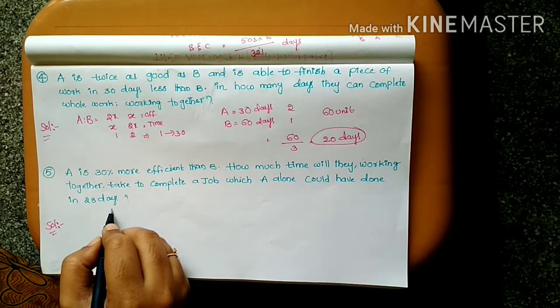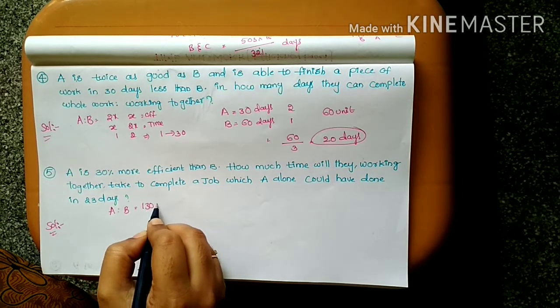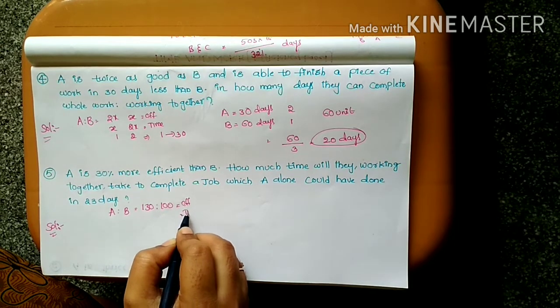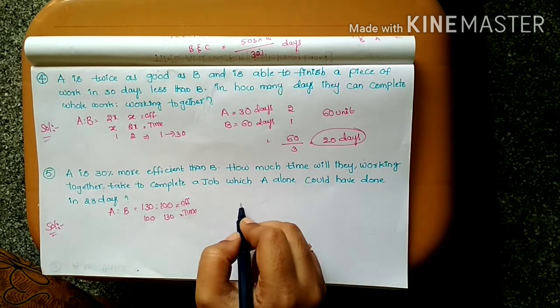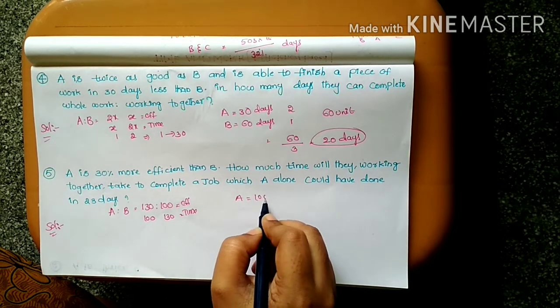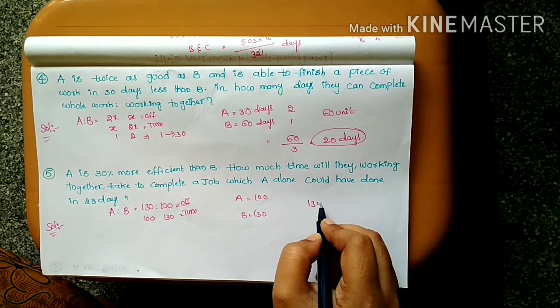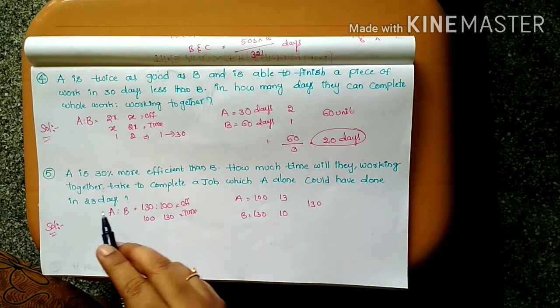A, B: 130, 100 in efficiency. In time, 100, 130. Suppose A is 100, B is 130.